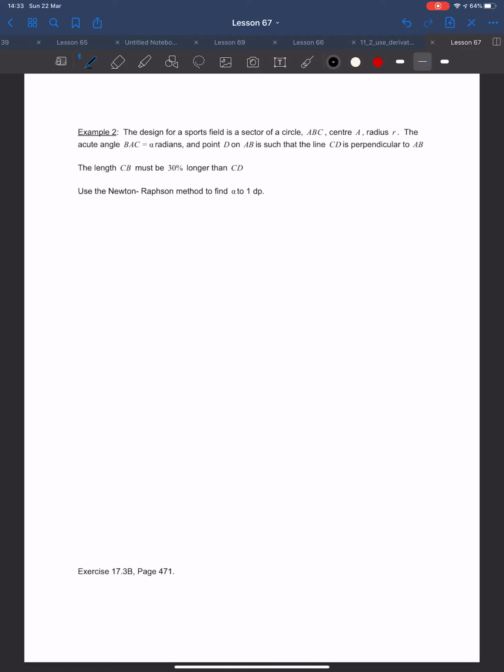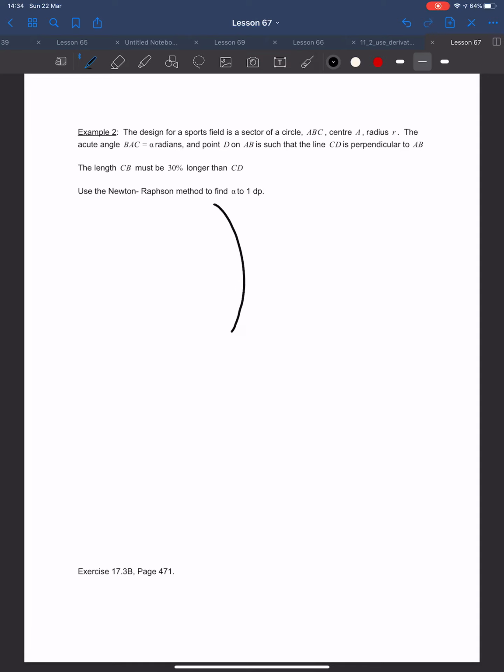So this says the diagram shows the design for a sports field, which is a sector of a circle ABC, centre A, radius r. I'll draw up a circle.